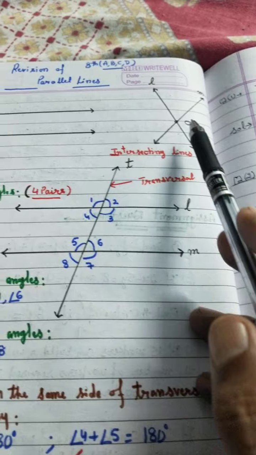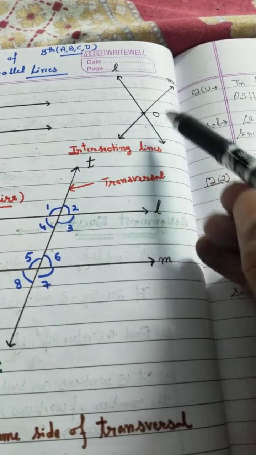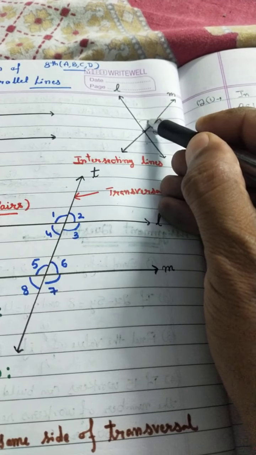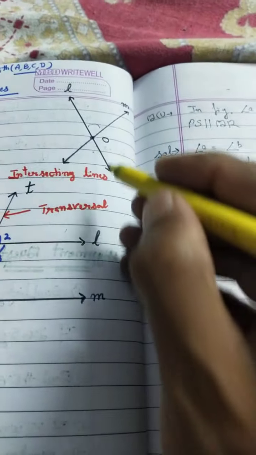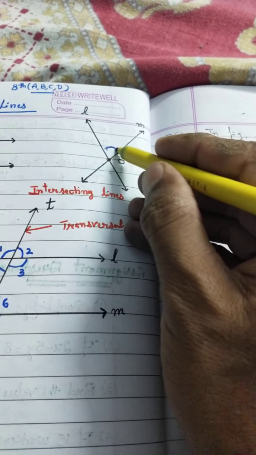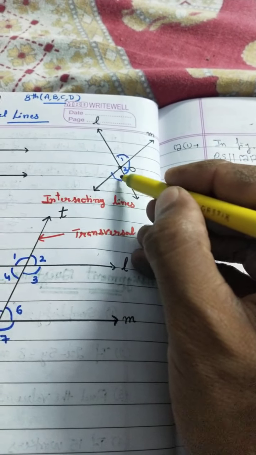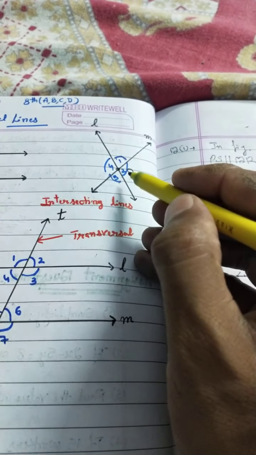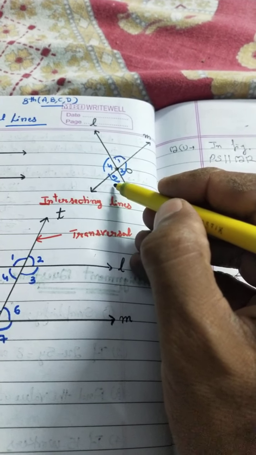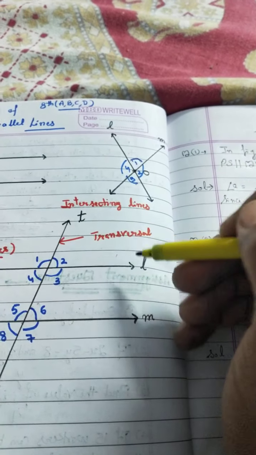In these two intersecting lines, if this is your angle 1, then angle 2, angle 3, angle 4. Angle 1 is equal to angle 3 and angle 2 is equal to angle 4, pairs of vertically opposite angles.